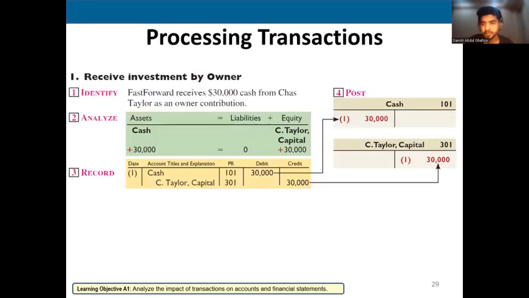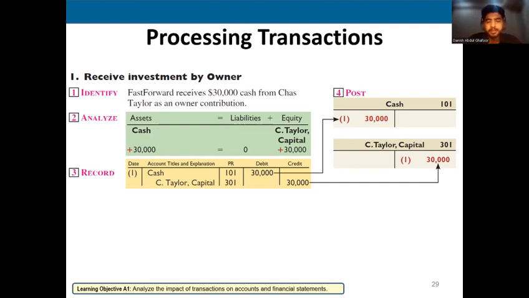So processing transactions, now coming to the transaction, receive investment by owner. These are the examples they have given. Fast Forward receives $30,000 from Charles Taylor as an owner contribution. Now the owner is contributing $30,000 in the business Fast Forward. So this is going to increase the equity by 30,000. And whenever your equity increases, it goes on the credit side.